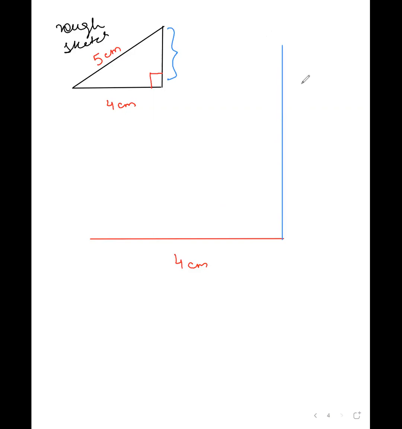Now we will try to make from here to here. We will see, is this much 5 centimeters, or is this much 5 centimeters? How do you think we will find that out?